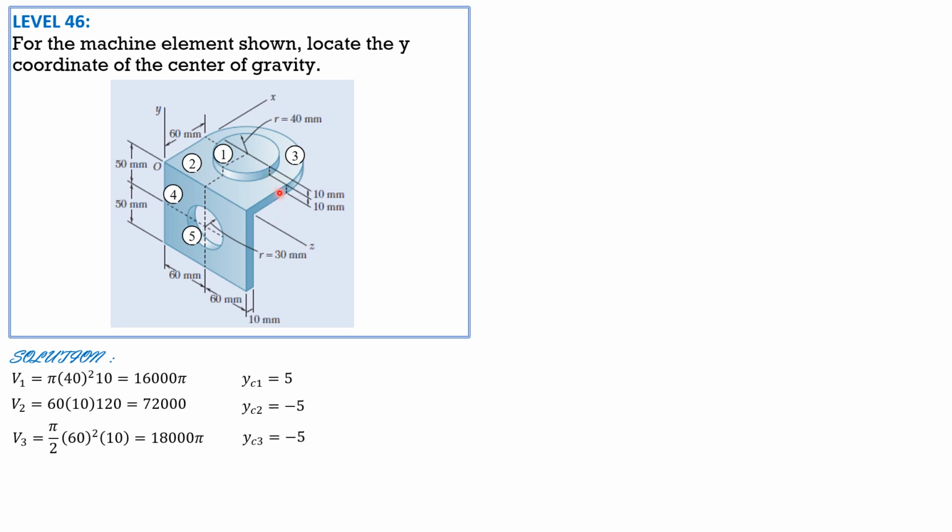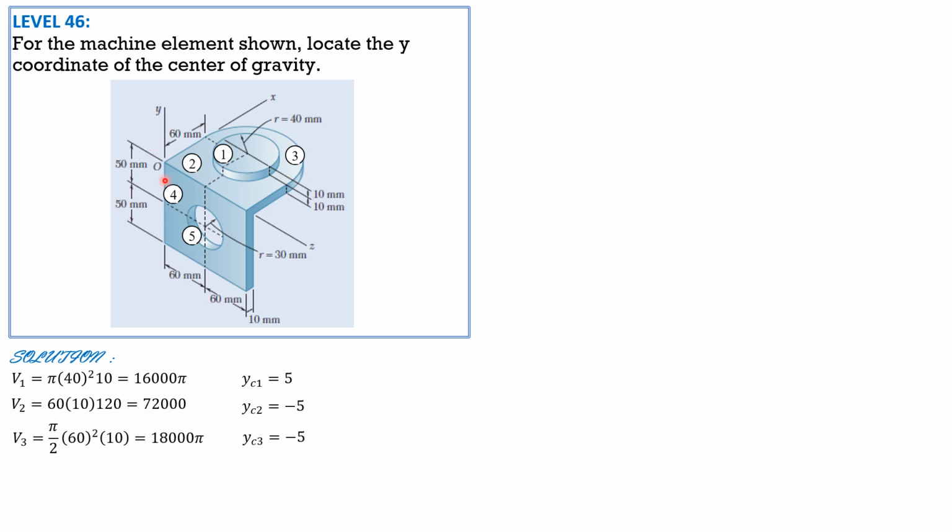Sorry, negative 5 mm. It is below, rather, the xz plane. So this is the circular plate. The junction between this circular plate and this rectangular parallelepiped is the xz plane, so it's negative 5.